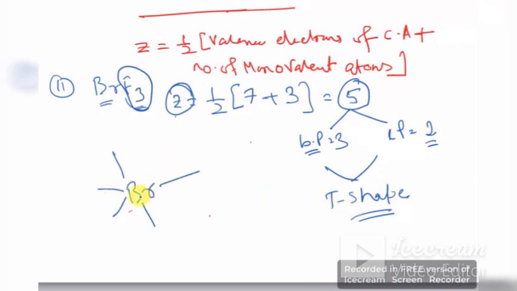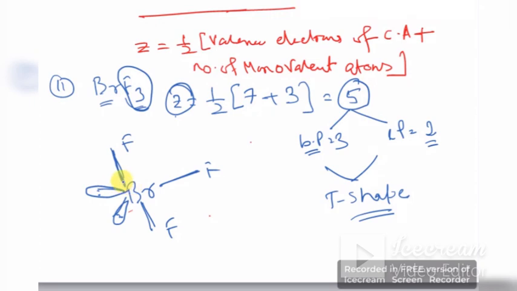For the T shape, these 3 bonds all together look like a T. So fluorine, and fluorine, 3 fluorine all together make the T, and the 2 lone pairs occupy the other 2 positions. These 2 lone pairs will be in these 2 positions.